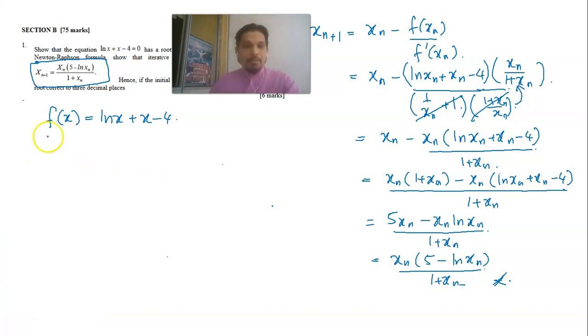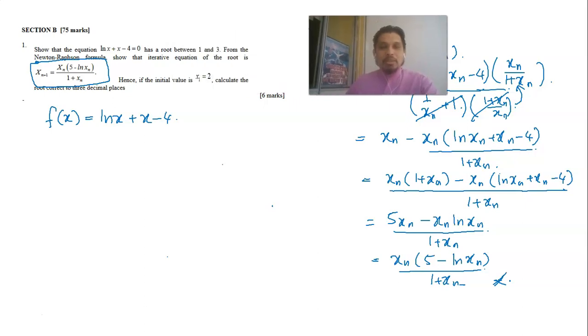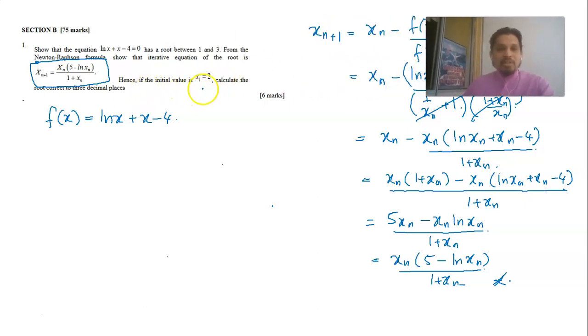Okay, it is mentioned in the question here: an initial value, where initial means the beginning of the process, with a beginning value x1 equal to 2. Calculate the root correct to 3 decimal places.